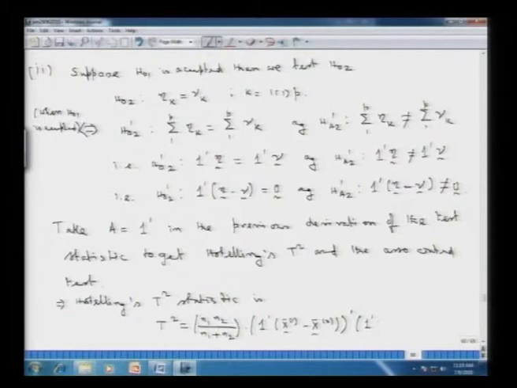So, we will have 1 transpose S 1, this vector out there, and then the inverse of that multiplied by the transpose of this vector, which actually is a scalar quantity, 1 transpose (x1 bar minus x2 bar). So, that is the Hoteling's t square statistic in this testing problem H naught 2 prime, and then we can say what the test statistic is.